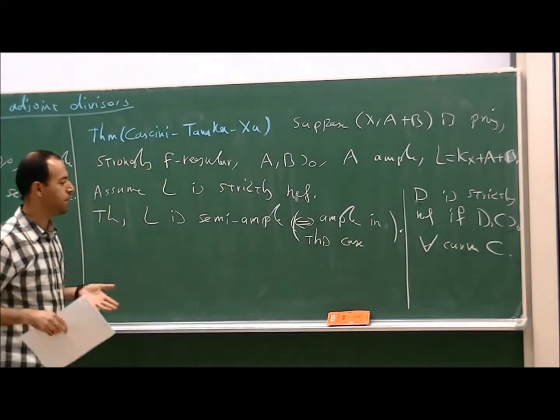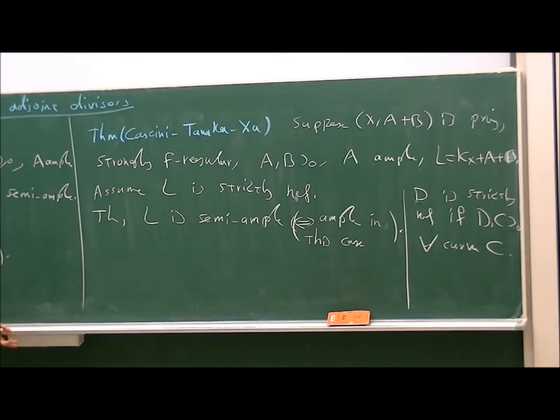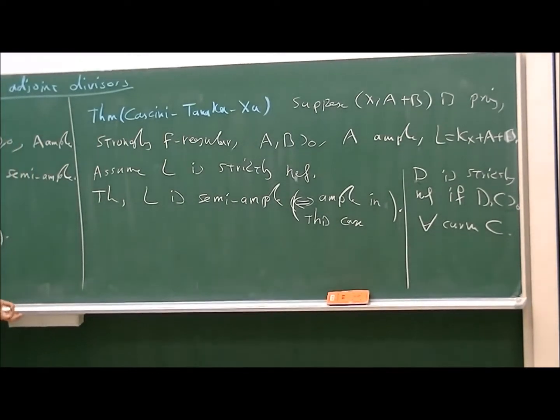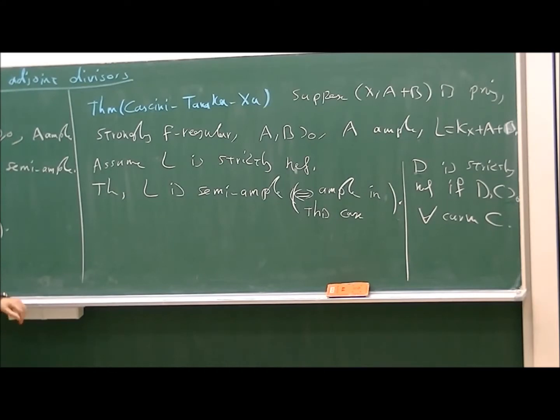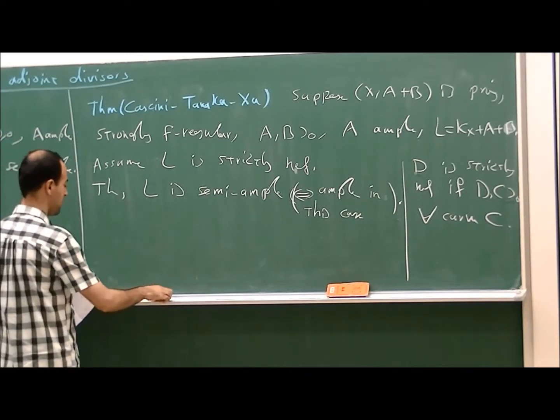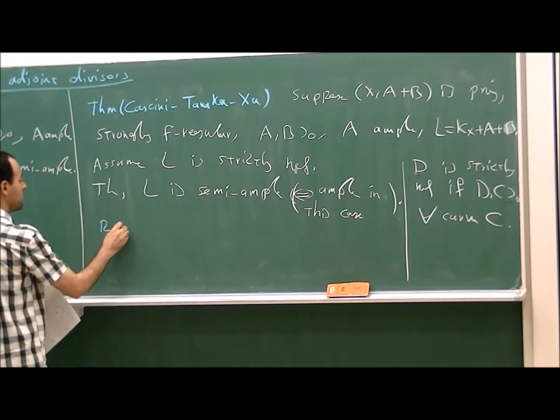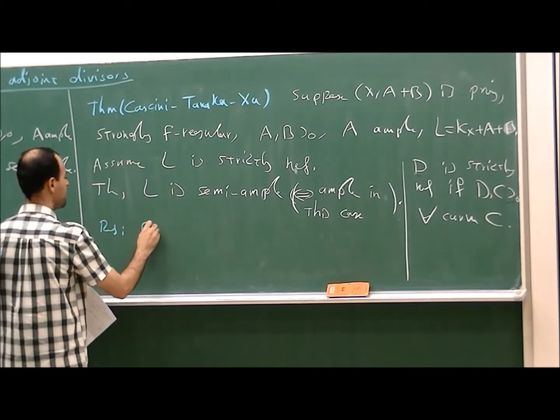So semi-ampleness just gives you the variety itself, so it should be ample. Okay, so for much of this talk I will try to explain the main ideas of the proof of this theorem. For the reference you can look at the paper by these three people.